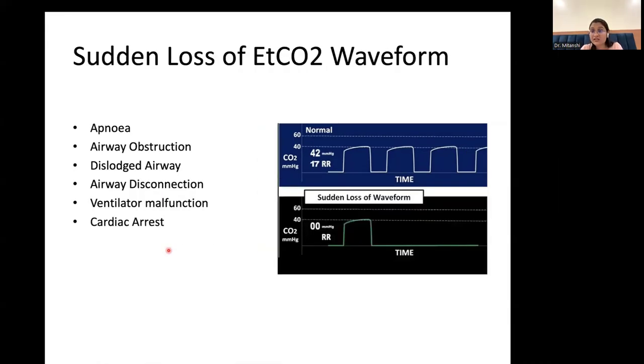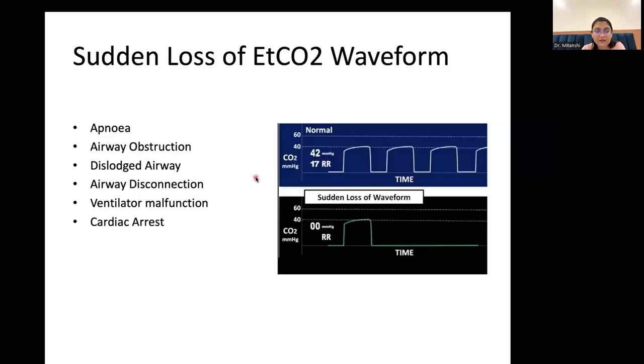Sudden loss of EtCO2 waveform. What happens if my waveform was all well and then suddenly I see a baseline only? There is no expiratory upstroke, no alveolar plateau, no inspiratory downstroke. Why is that happening? That should always alert me, because that might be apnea and that can be cardiac arrest as well, because my patient has stopped breathing, right? And airway obstruction.